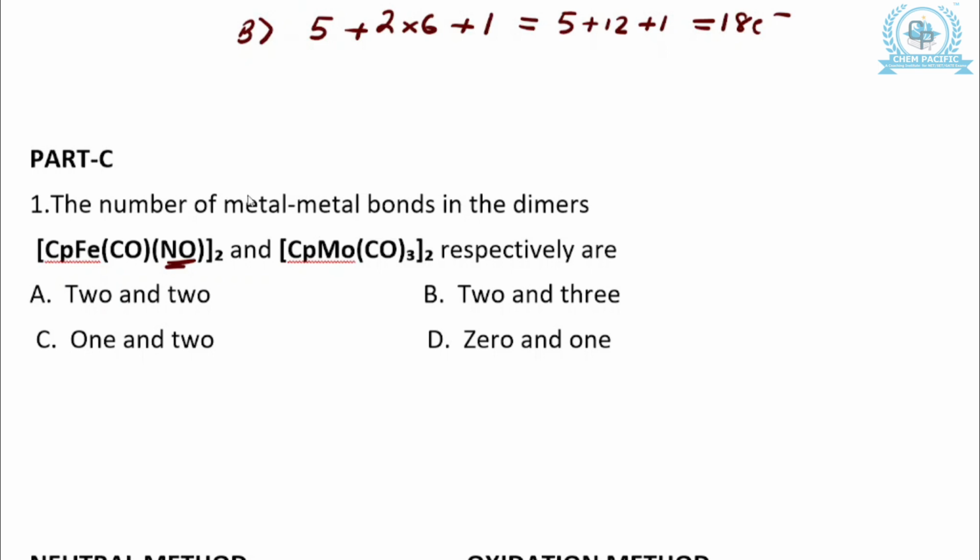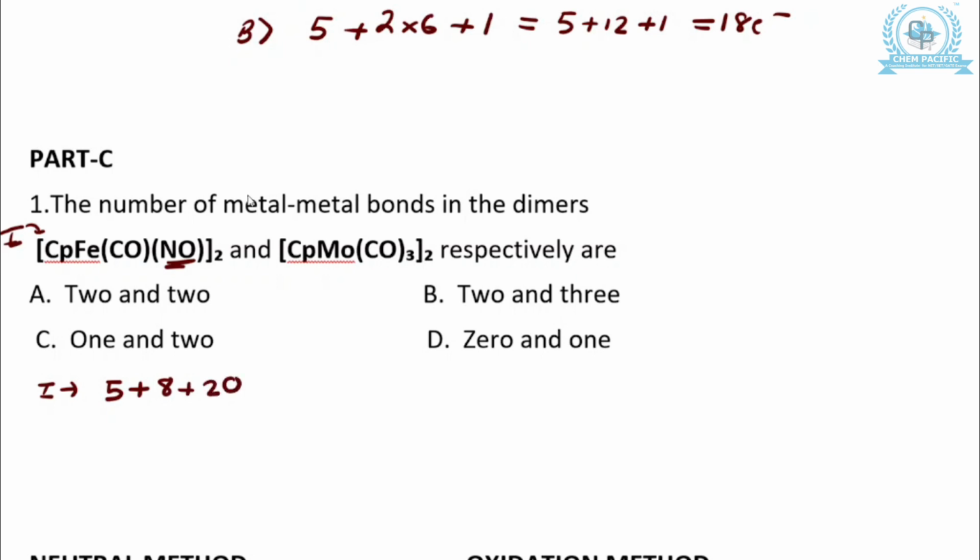Now let us take the example of example 1. So you have the Cp in eta 5 mode, and iron has valence electron 8, and carbonyl is a 2 electron donor.